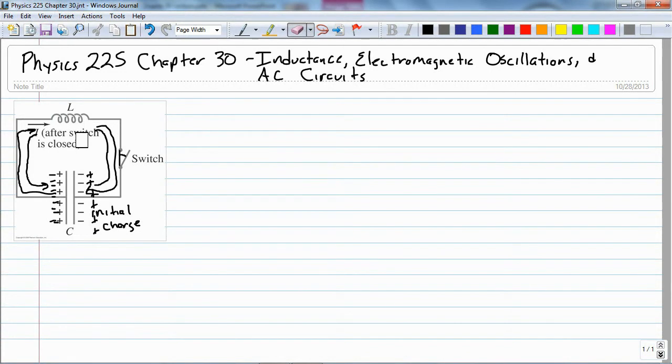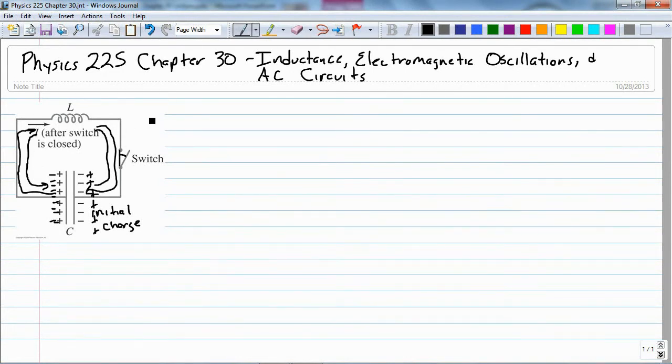And now the capacitor goes back to positive on the left, negative on the right, and it's going to go in the opposite direction. So we have this oscillation back and forth.